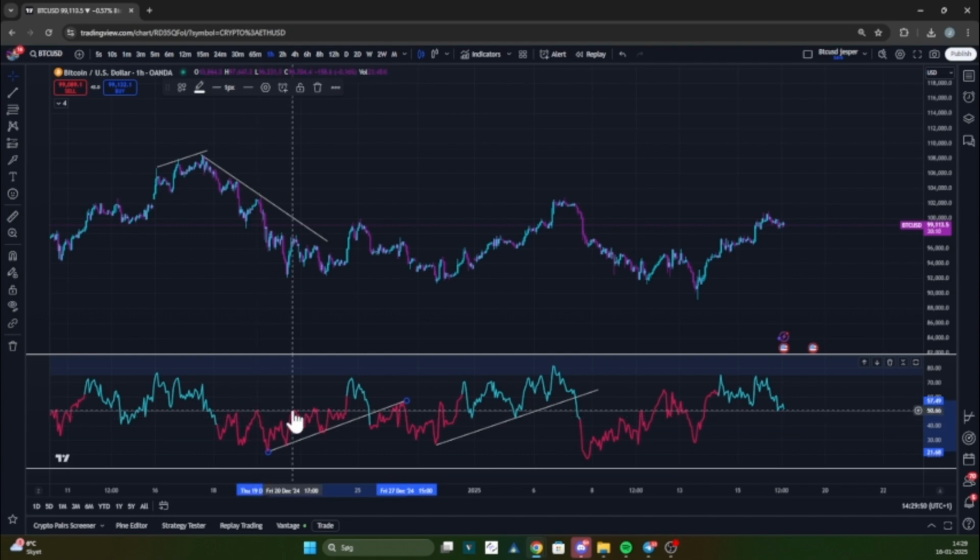We are facing a rejection at the 50 line, but when we actually break the 50 line, we get a significant spike in price. We get a significant spike in price, and when we actually break the trend line, the price declines.